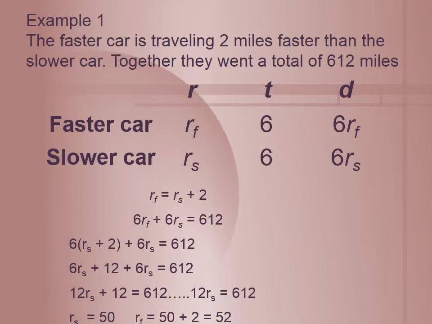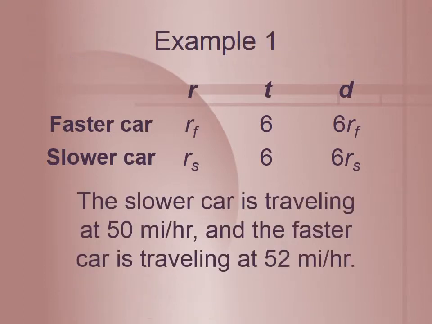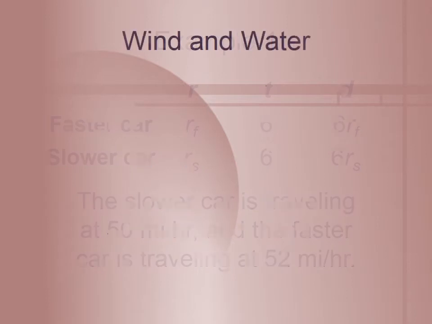Well, now that I know that R of S is 50, I can figure out R of F because R of F is just 2 more than R of S. So to get R of F, I do 50 plus 2, giving me 52. So now I have both my rates. The rate of the faster car is 52, and the rate of the slower car is 50. So again, summing it up, the slower car is traveling at 50 miles an hour, and the faster car is traveling at 52 miles an hour.